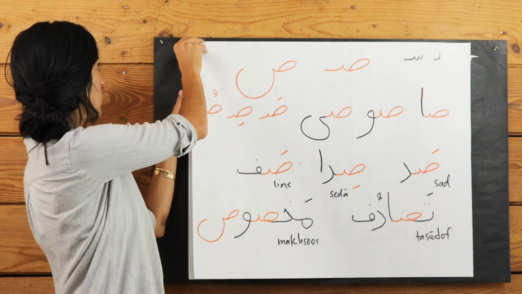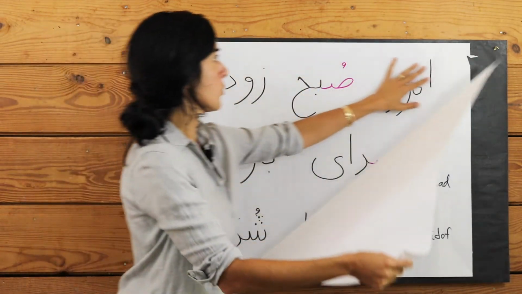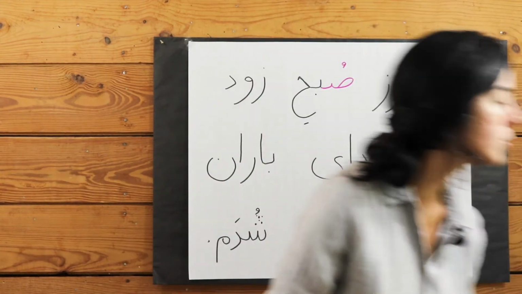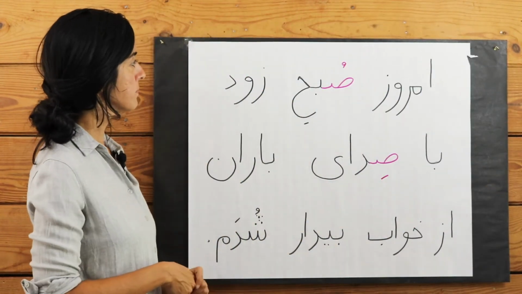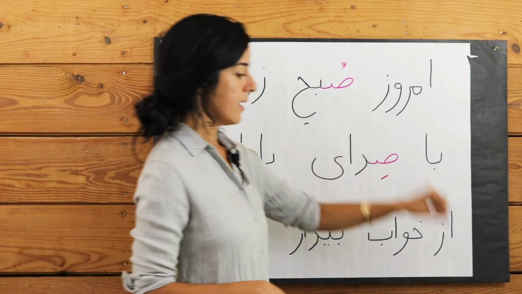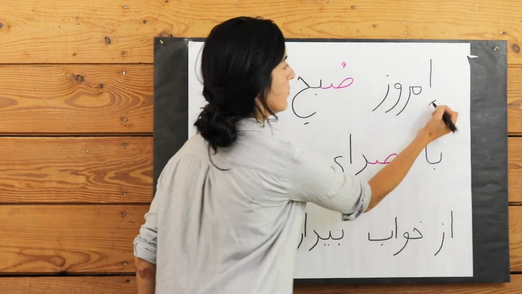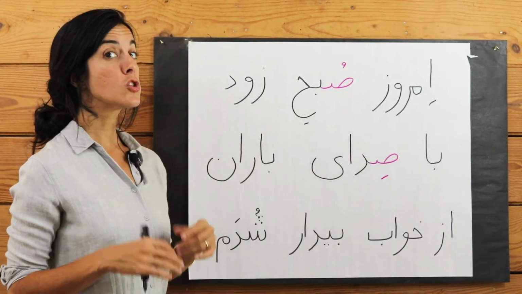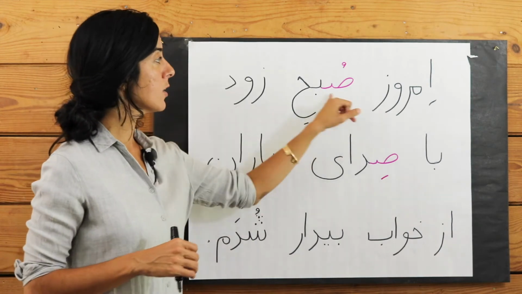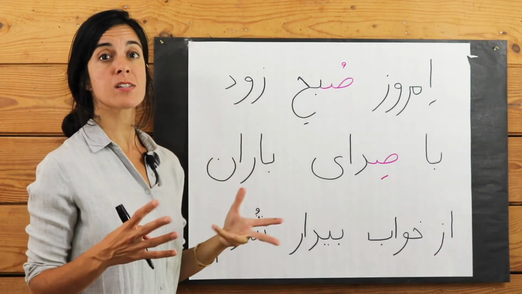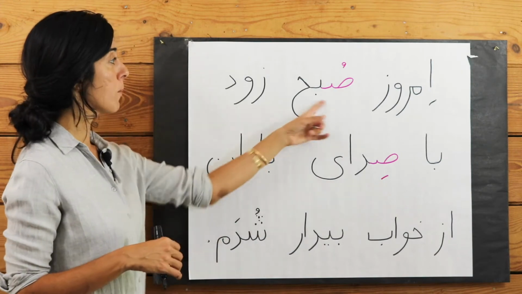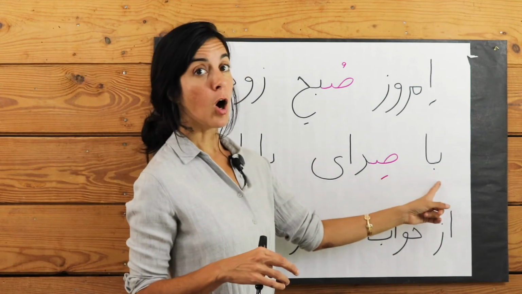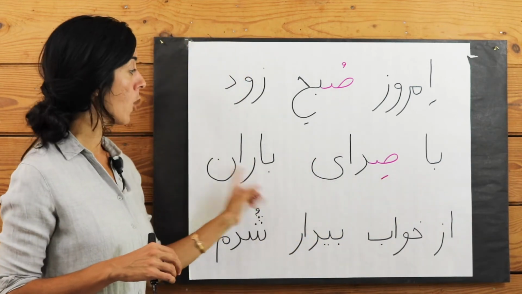As we've said, we want to start practicing reading longer paragraphs, and you'll see that in your bonus materials. We have a lot longer things for you to read, and that is what we're going to do now. We're going to read this longer sentence together. Let me make sure I have all my vowels in there. امروز صبح زود. Today, early morning. صبح is the word for morning. صبح زود. با صدای باران.